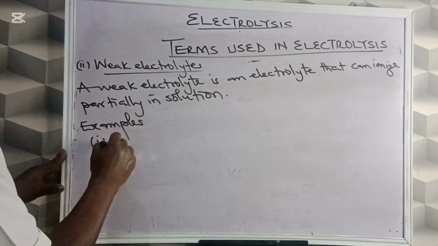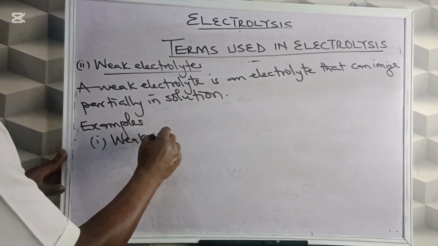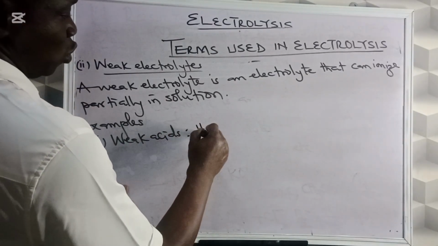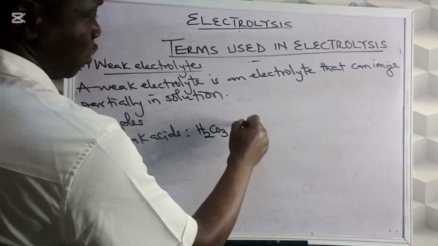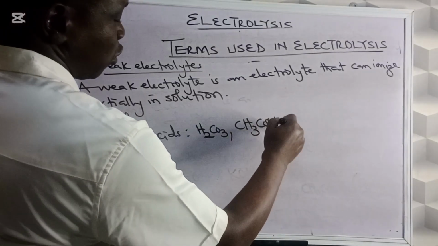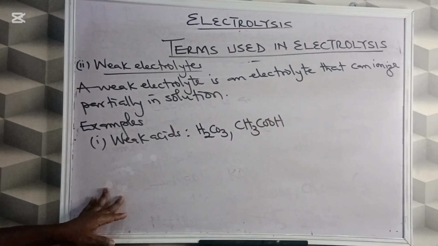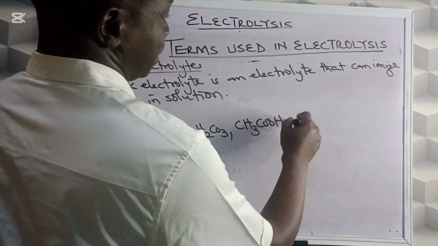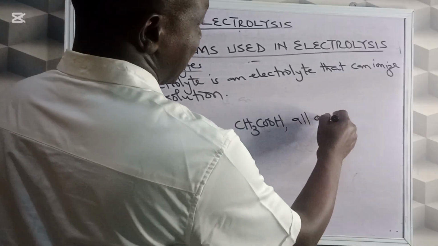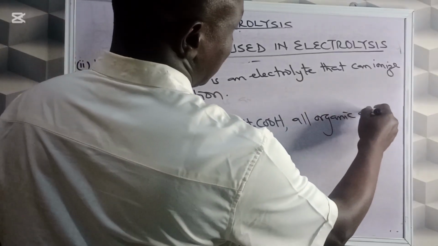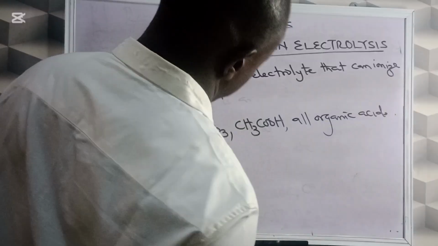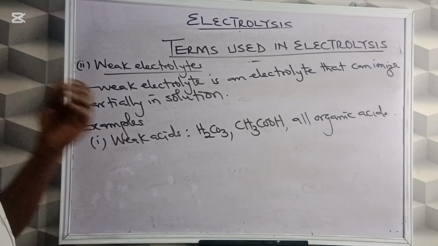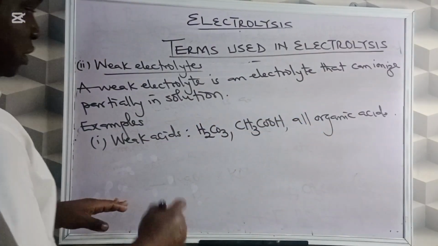Let's see examples. We have weak acids. Weak acids are weak electrolytes. We talk of H2CO3. We talk of ethanoic acid, the one we call acetic acid. All these are weak acids. Lactic acid. Let me just generalize: all organic acids are weak acids and weak electrolytes.